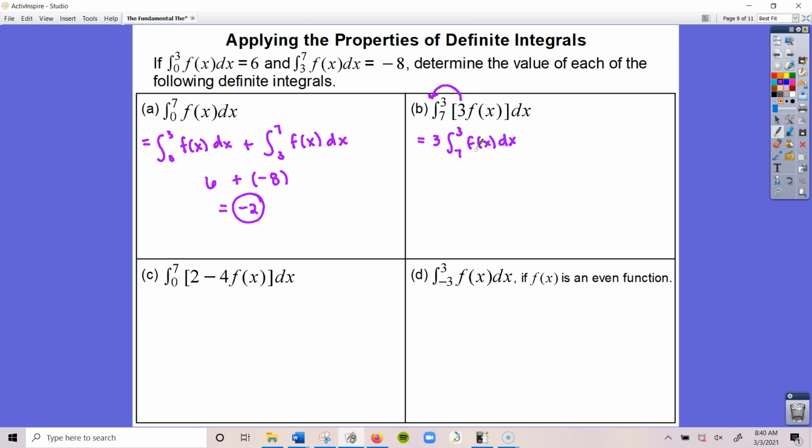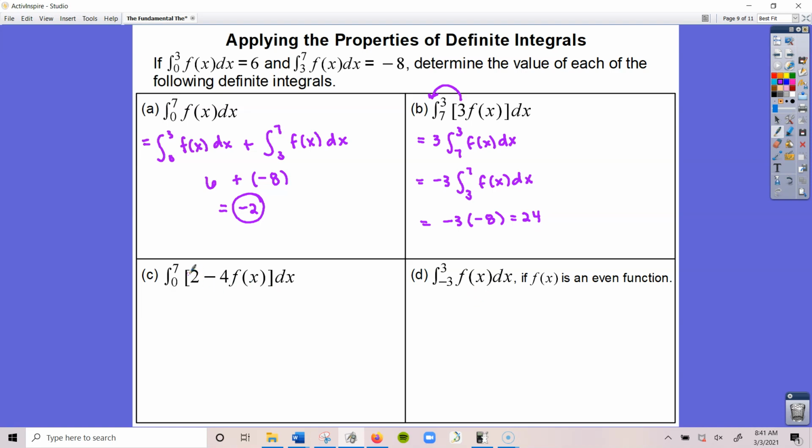So we want to reverse that back, and this would make the integral negative. So this would be negative 3 times the integral from 3 to 7 of f of x dx. Now I know this value was given to be negative 8, so this is going to equal negative 3 times negative 8, which is 24.